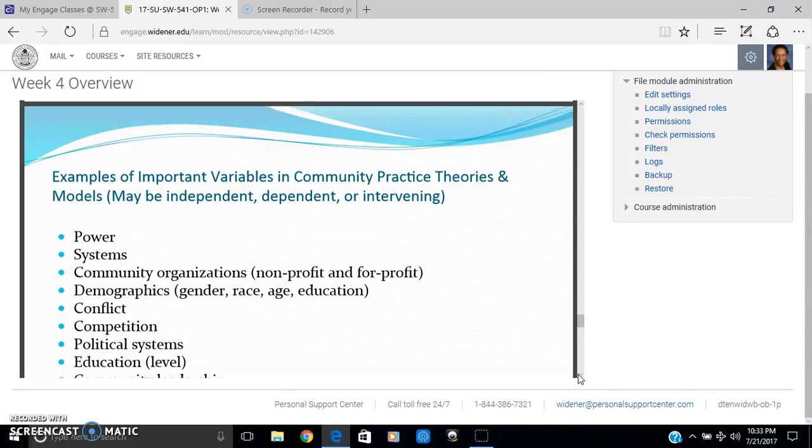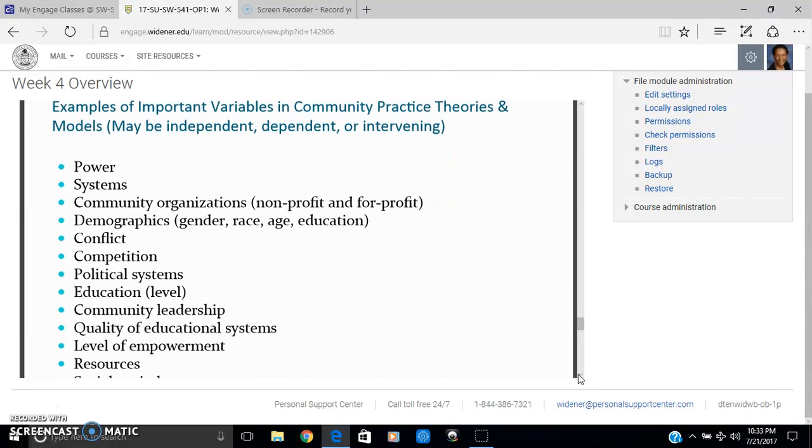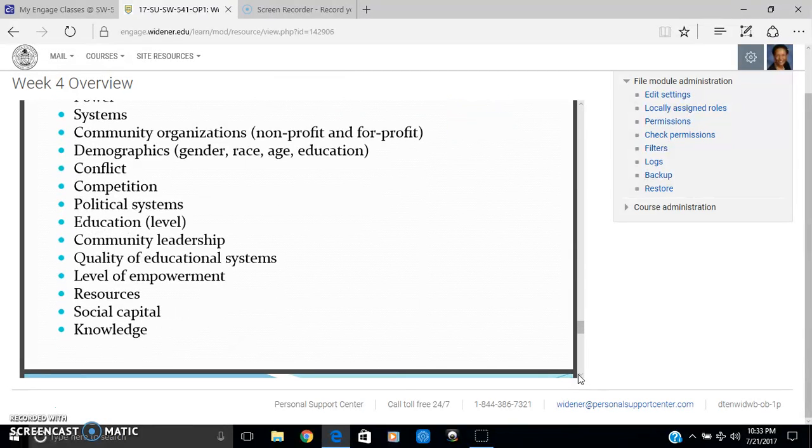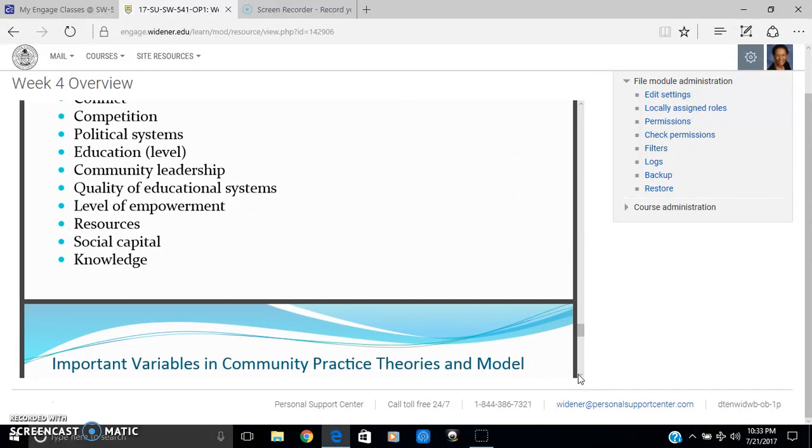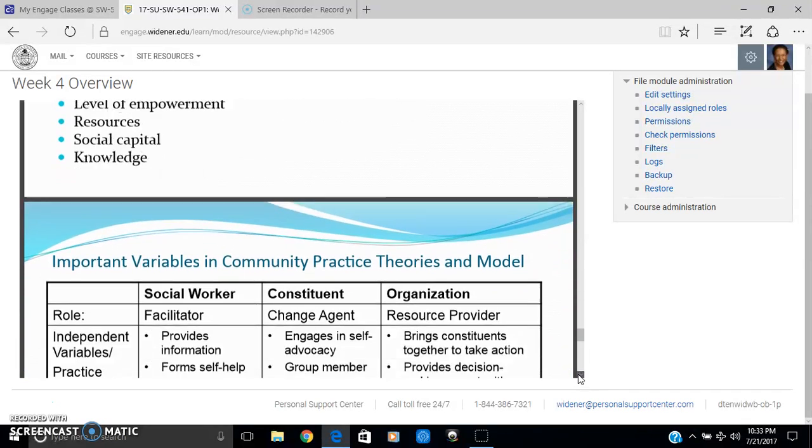Variables in community practice theory and the resultant models include variables of power, the various systems, nonprofit and for-profit organization, what do the demographics of a community look like, conflict, competition, political systems, educational levels, community leadership, who are the leaders in the community, the quality of the educational systems, levels of empowerment, resources, social capital, and knowledge.